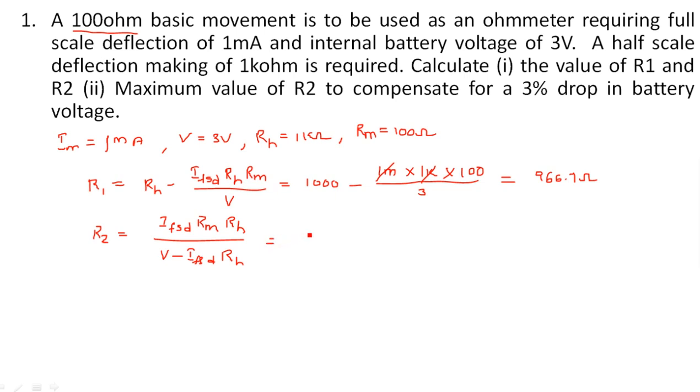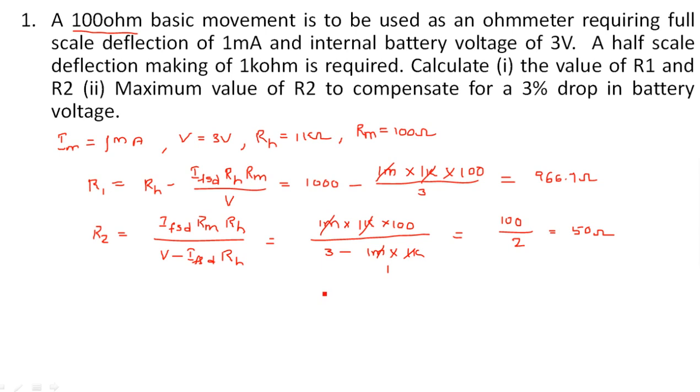So let us substitute all this. 1 milli, 1 kilo into 100 divided by V, which is 3, minus IFSD which is 1 milli into RH, which is 1 kilo. Very simple. So this 1 milli, 1 kilo cancel. Again this 1 milli, 1 kilo means 1. So 100 by 3 minus 1, that is 2. That is equal to 50 ohms.